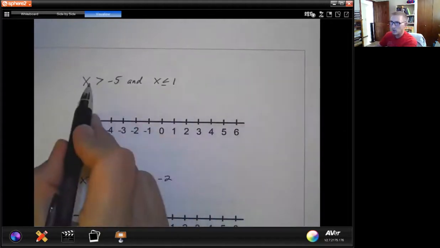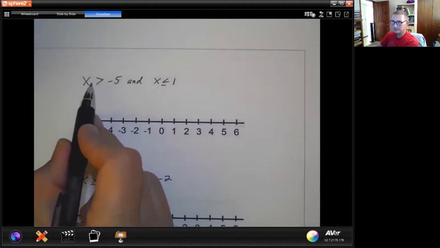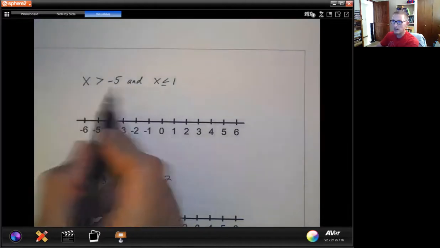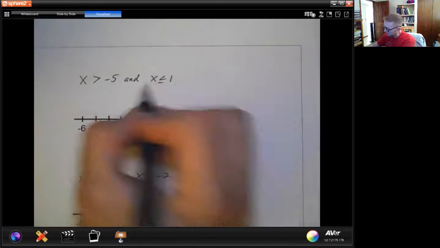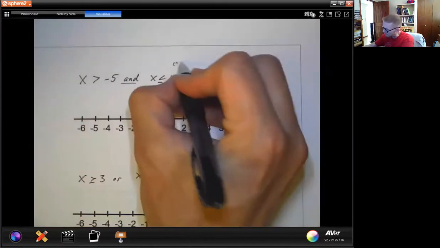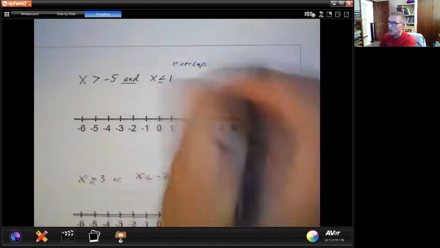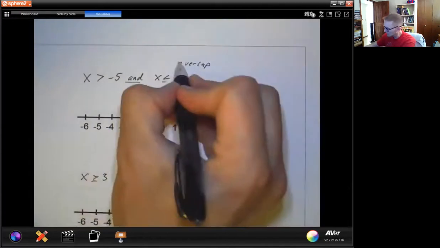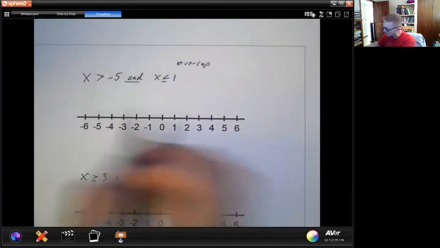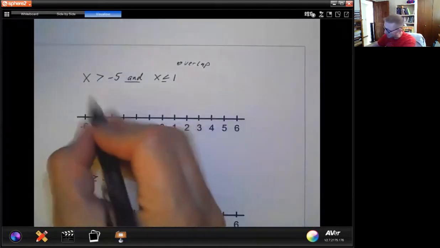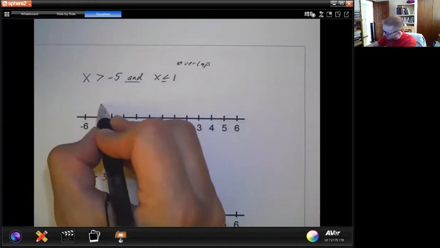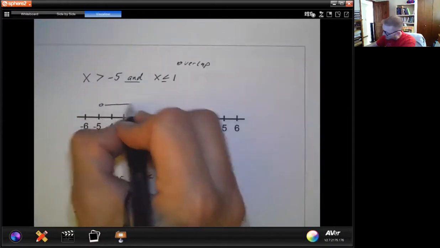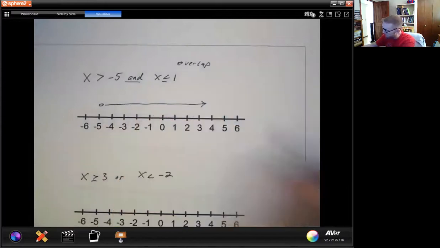Let's go ahead. One of the things I like to do when I start is graph both lines. Now remember, this is an and, so I am going to need to look to see where they overlap. So x is greater than -5. Greater than means an open dot and an arrow to the right because that's greater than.